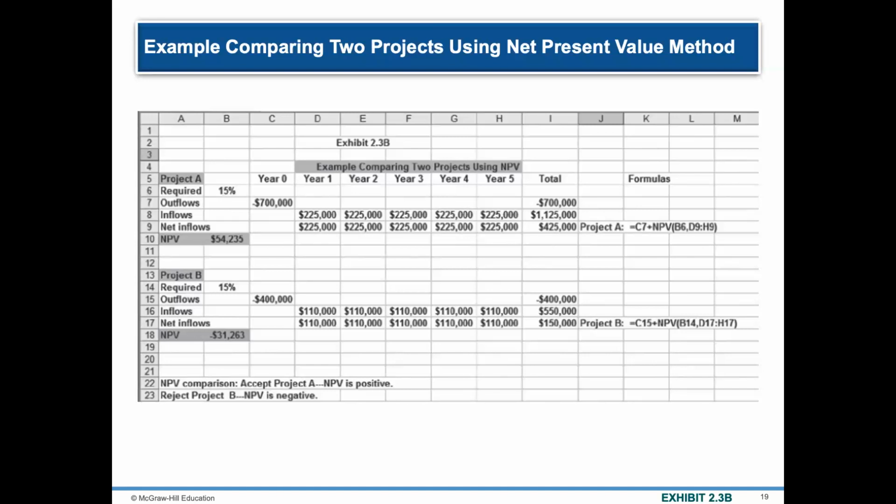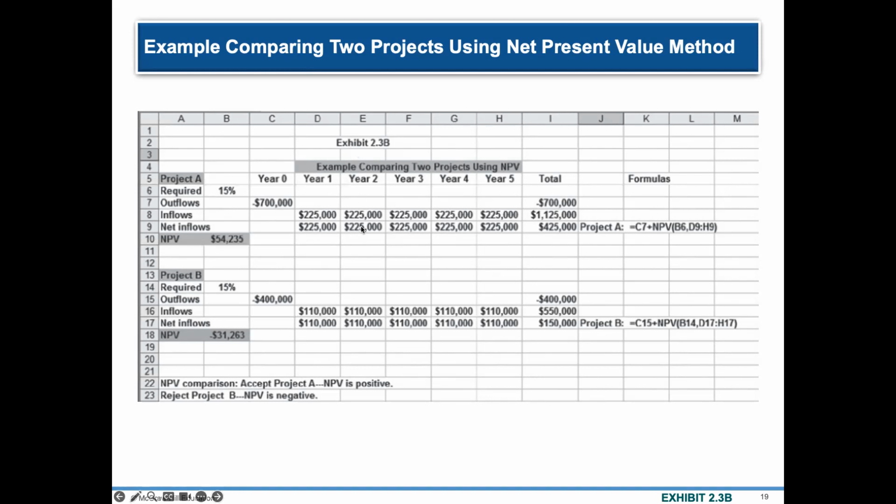Now, how would you go about calculating which one is the better project? If you're doing this manually, these individual inflows would have to be discounted back to the net present value. So how do you do that? That's 225,000 for year 1 divided by 1.15.